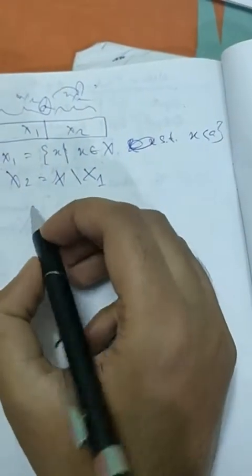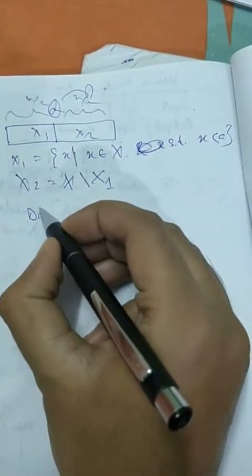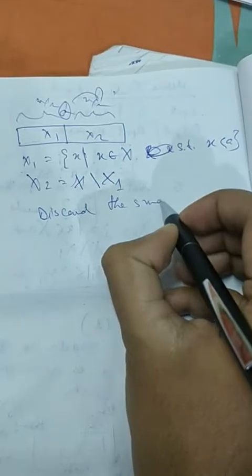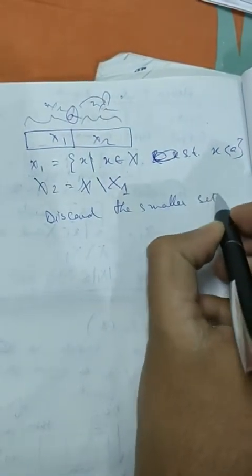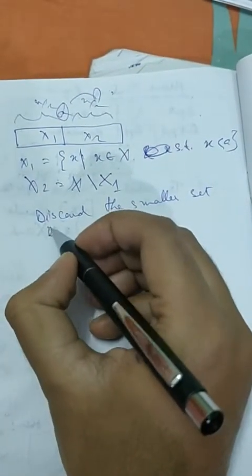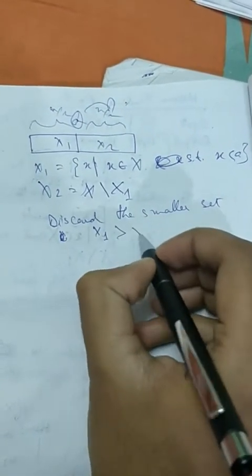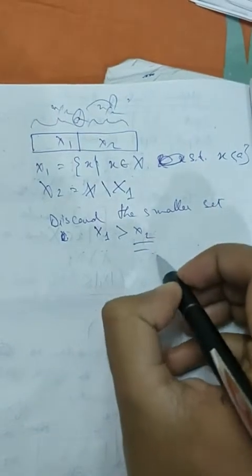If not, then we'll recurse, and what we'll do is discard the smaller set, because suppose if x1 is greater than x2, then discard x2.